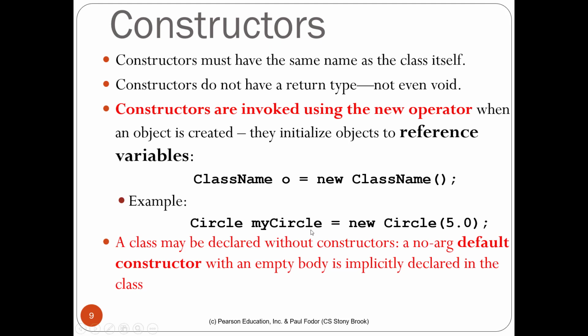One more time, myCircle is an object of type Circle. The same thing I can say in different words: myCircle is a reference variable which is holding the reference of an object of type Circle. The third statement would be that myCircle is an instance of the Circle class. That means the same thing actually.